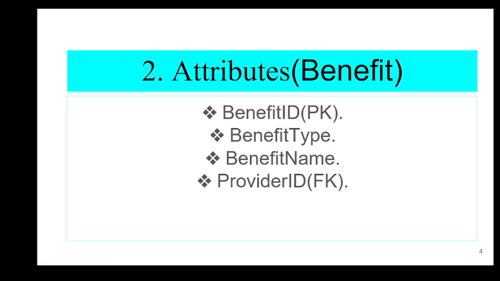Next, we have the benefit. We will have our primary key as benefit ID. Then we will have the benefit type and the name. Lastly, we will have a foreign key, let's say from the provider table.